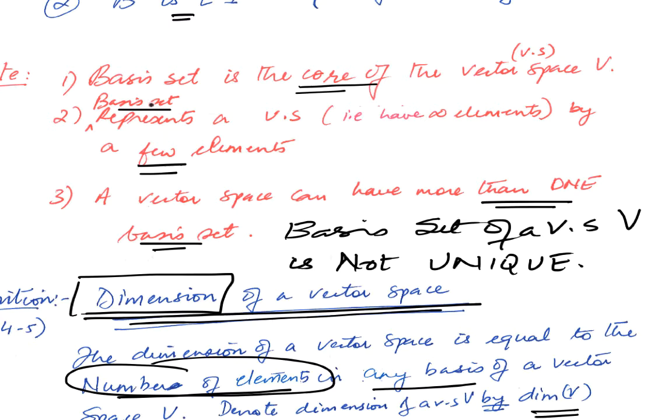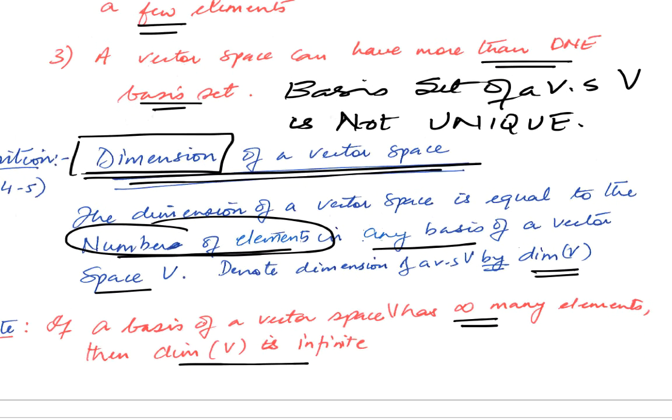It's an idea that I can represent a vector space by a few elements, but there's a possibility that I will be representing a vector space by a basis set which has infinite elements also. Okay, so both of these things are going hand in hand. So if you have a basis of a vector space with infinite elements, that means the dimension is infinite.